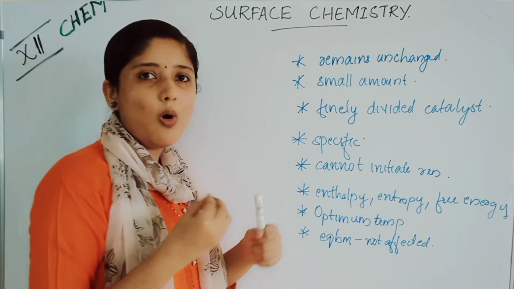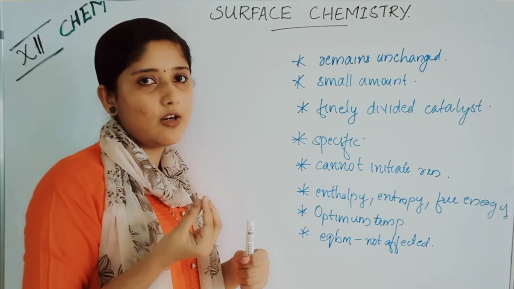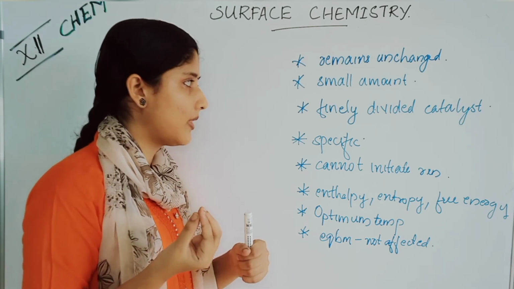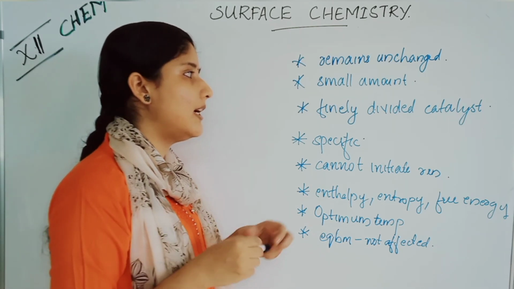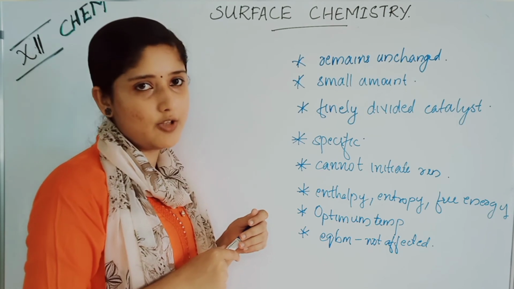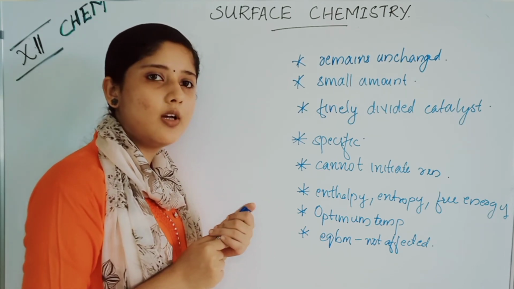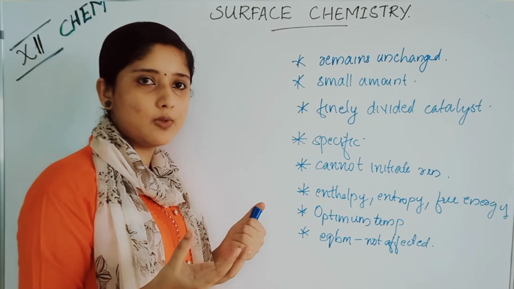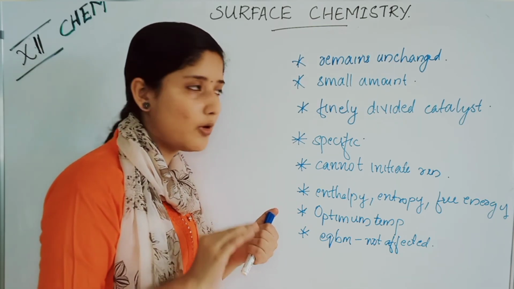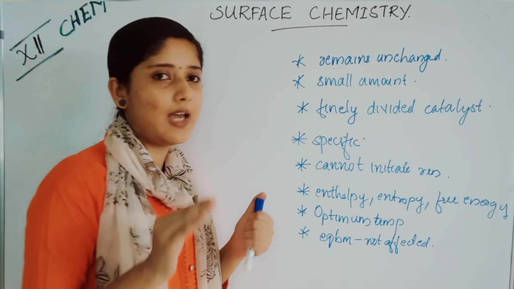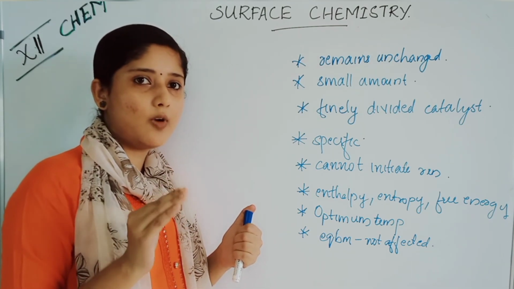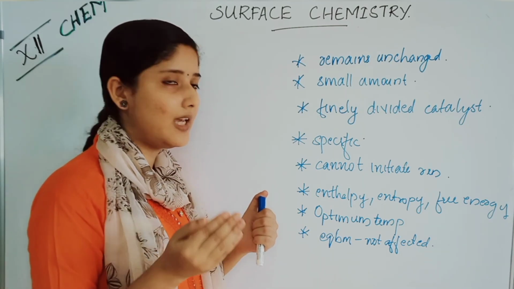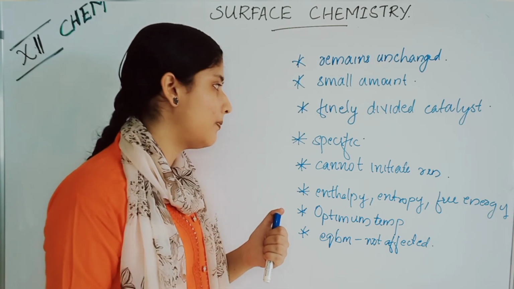Next, only a small amount of catalyst is usually needed for a chemical reaction. And finely divided catalysts are more efficient. Finely divided means powdered, which has more surface area. So more surface will be available for adsorption. Finely divided catalysts have high surface area, so a high extent of adsorption will be there.